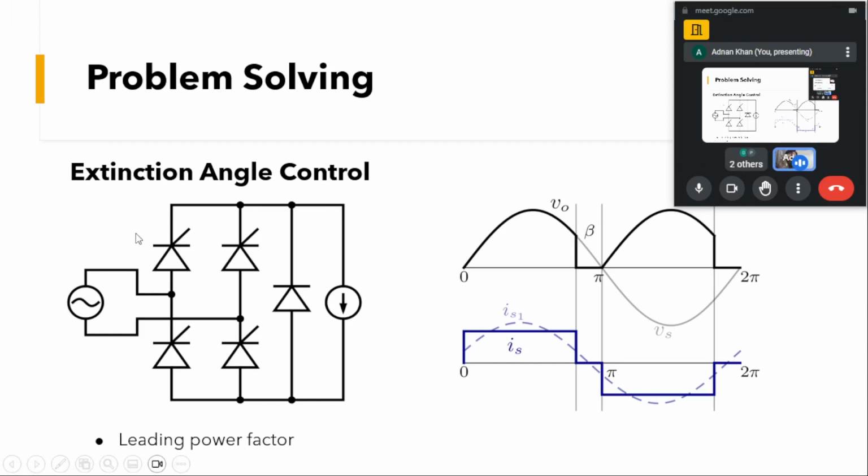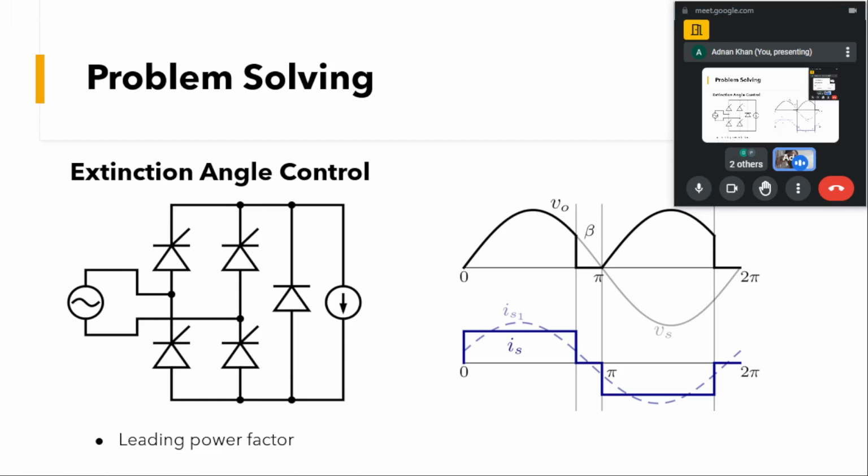Like we saw for the SCRs, we turned on at a certain angle alpha and they turned off by themselves due to the circuitry when the pi interval was reached. Here we have to turn off these devices, so we need devices which have controlled turn off.